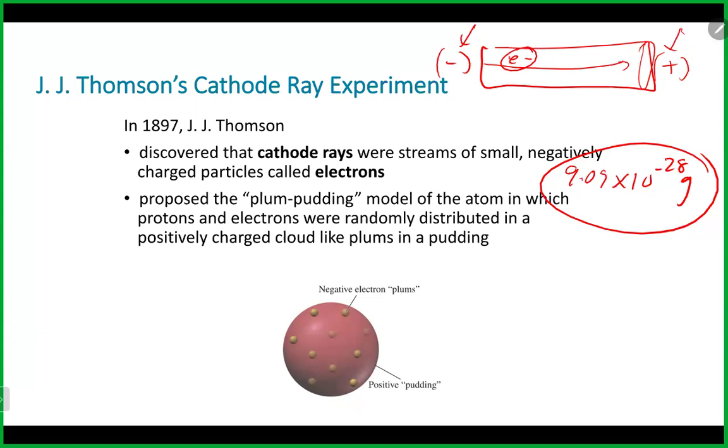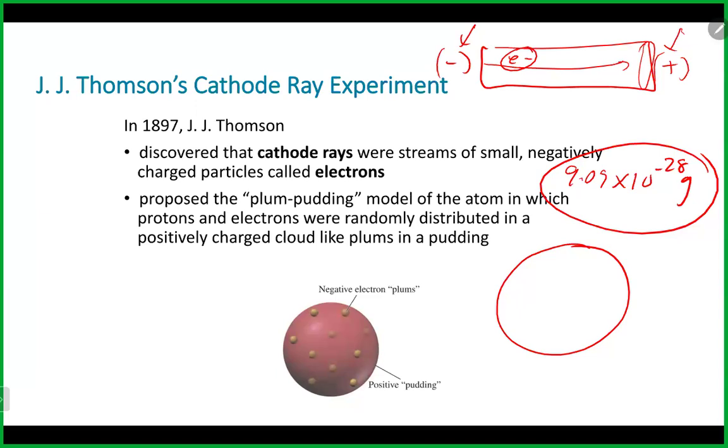The idea, as you see in that picture, is they thought the atom definitely contained electrons from the results of these experiments, which they knew were negatively charged. But they also thought the atom was neutral, which means if there are negatively charged electrons, the atom has to have something positively charged to balance it out, right?